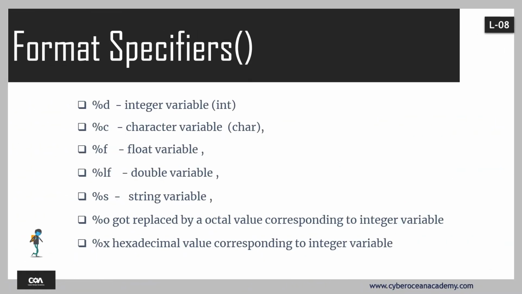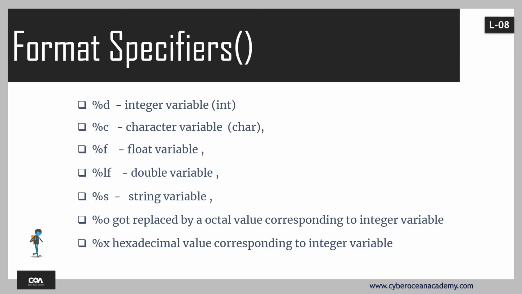Also, what are the different format specifiers? This is not a very important topic, but you have to know about it. Basically %d is used to replace any integer variable in scanf or printf. When you use %c, it is used for a character variable. %f is used for a float variable, and %lf for a double variable.